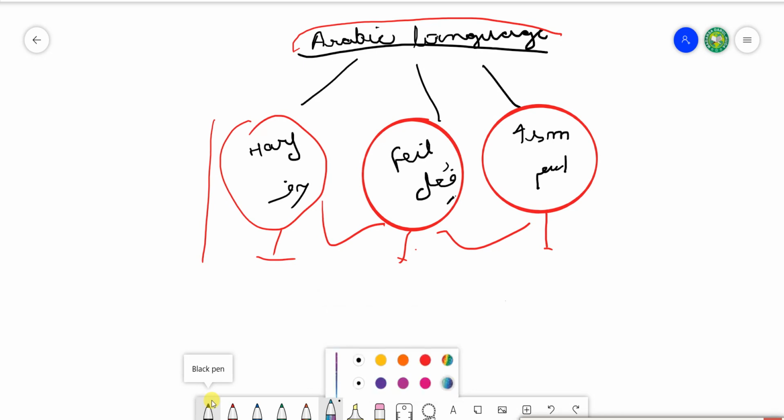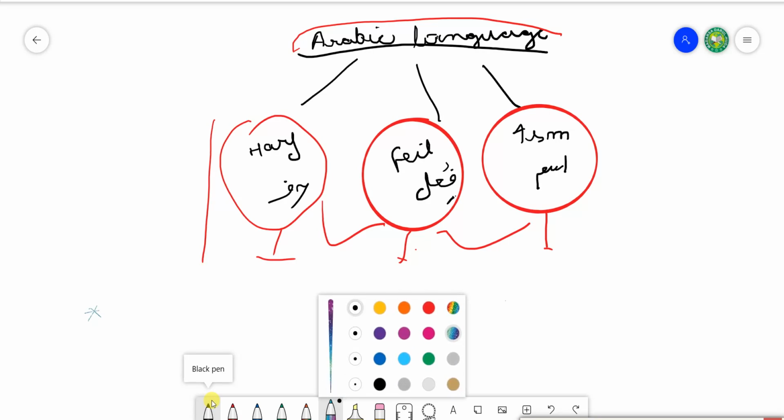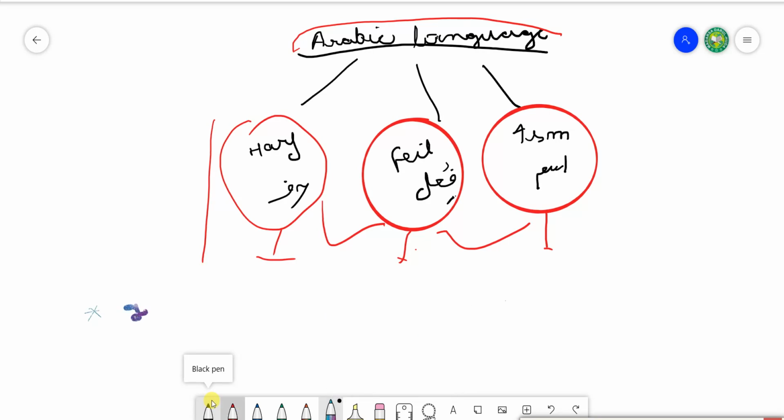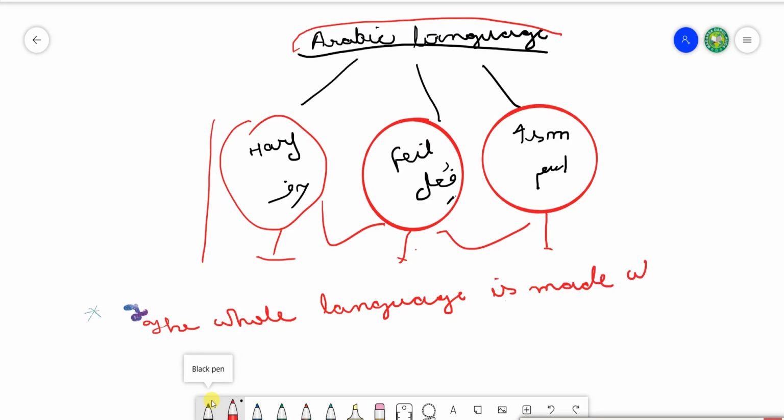And if you want to write a note, then let me give the star mark and you can write your own notes here. Let me write it. The whole Arabic language is made up of three things.